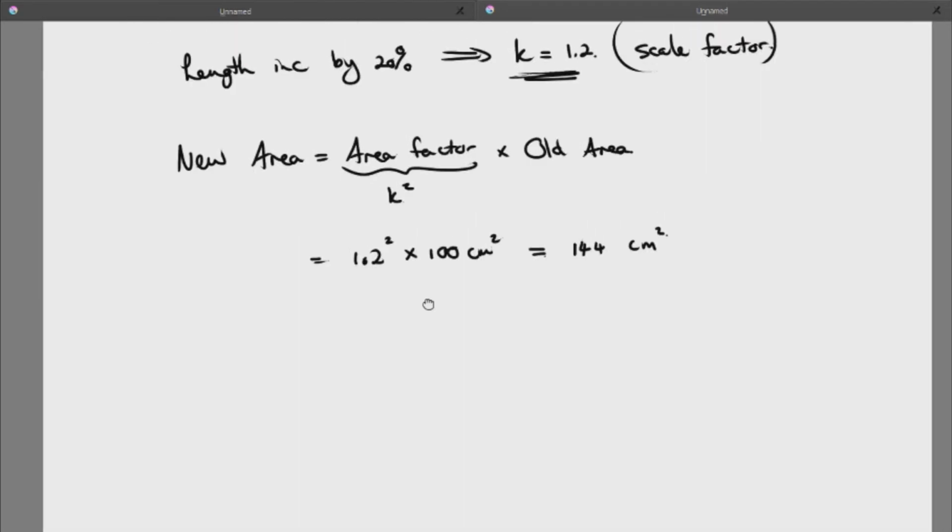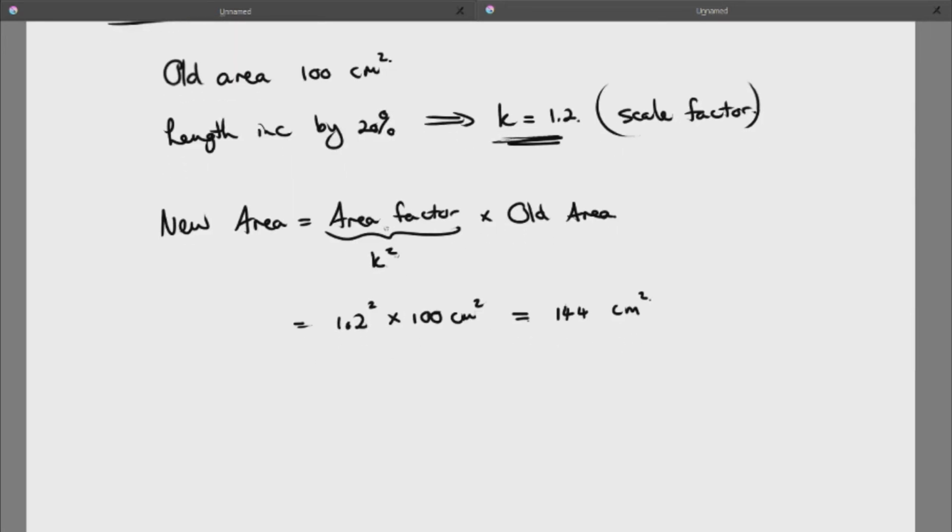Okay, 144. So that's their first question. We've answered the scale factor. Now, by what percentage did the area increase? Well, it's convenient in this case because the old area was 100, the new area is 144, so that means a 44% increase.